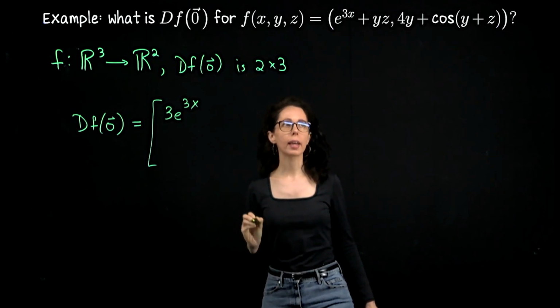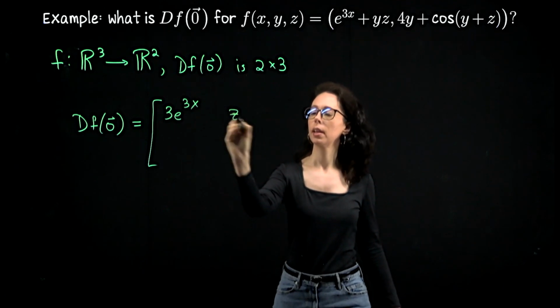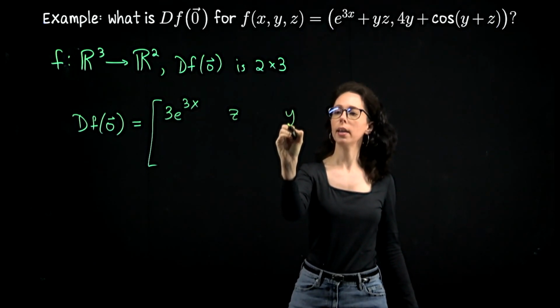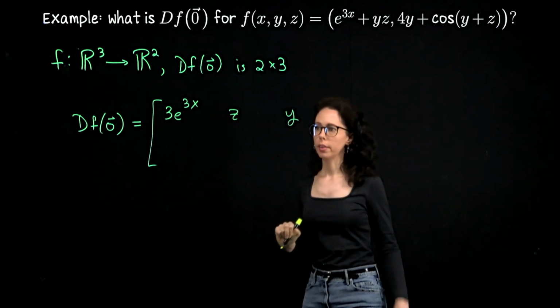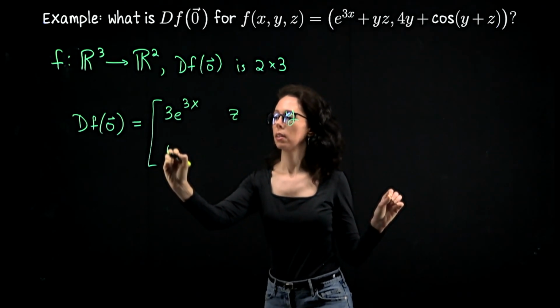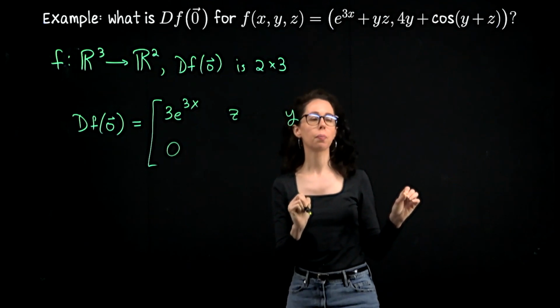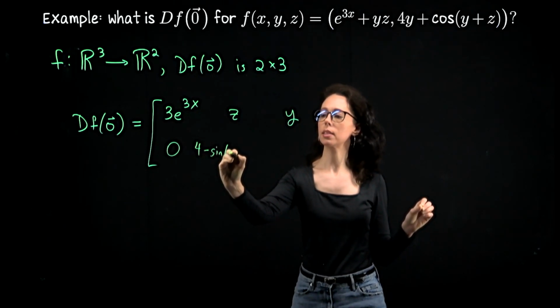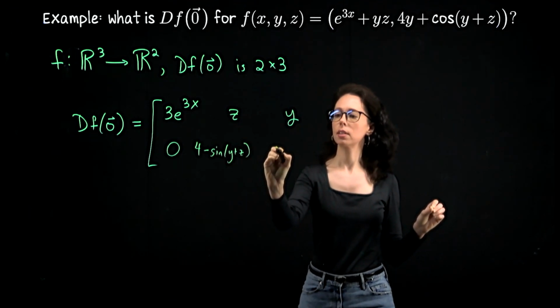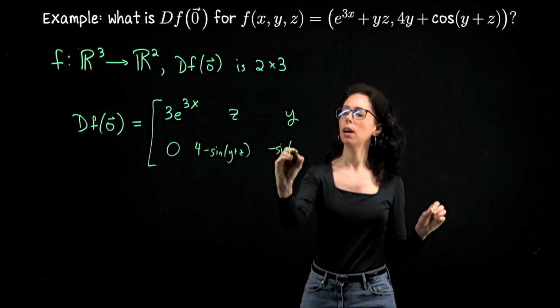Differentiation with respect to y gives us z, and with respect to z gives us y. Moving down to the second row, there's no x dependence. So the first term in the second row is 0. And then we will have 4 minus sine of y plus z, and just minus sine of y plus z.